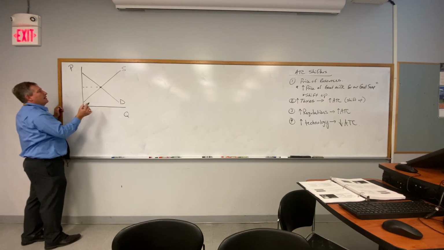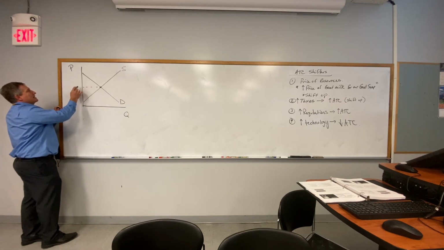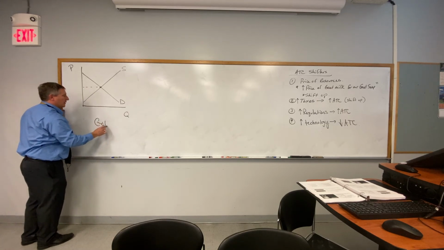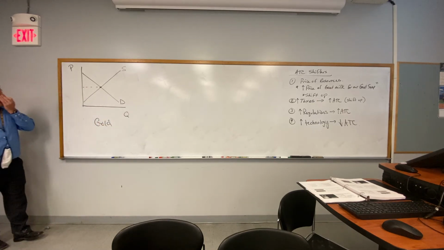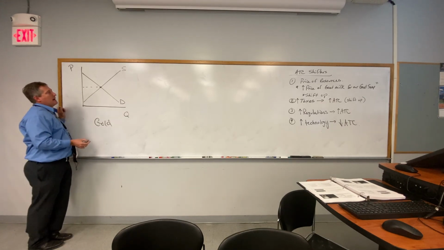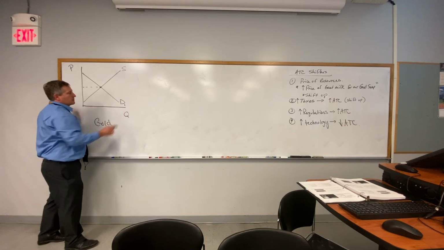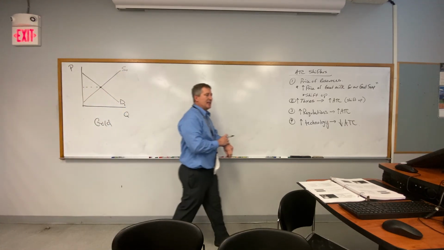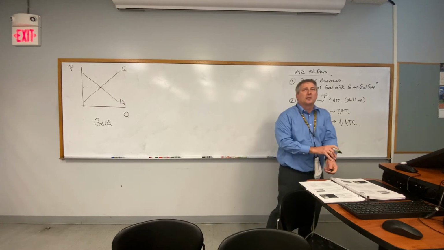So this would have been 1968 gold prices. So let's just say this is gold for one of them. And so an increase in population shifts what curve? Demand or supply? Remember that for your supply shifters? An increase in the population of people.